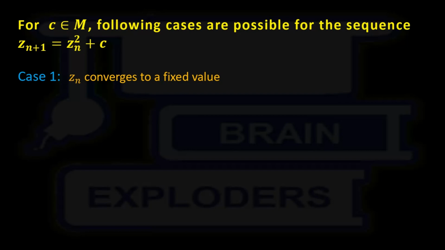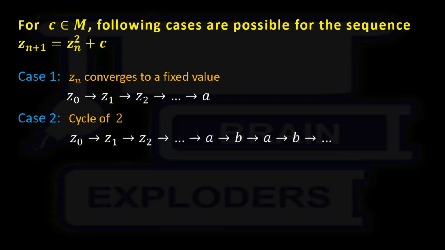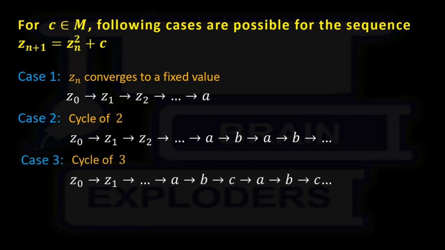The second case is that Zn locks itself in a cycle of 2, meaning after some terms, only 2 terms occur alternately in the sequence. In the third case, Zn locks itself in a cycle of 3, which means after certain terms, only 3 terms occur repeatedly in the sequence in the same order. And in this way, cycles of different integers are possible.